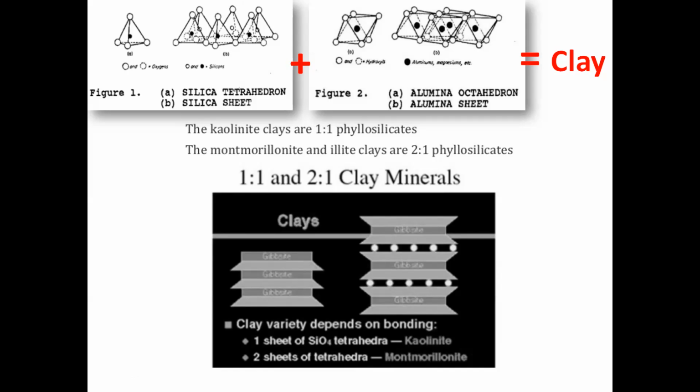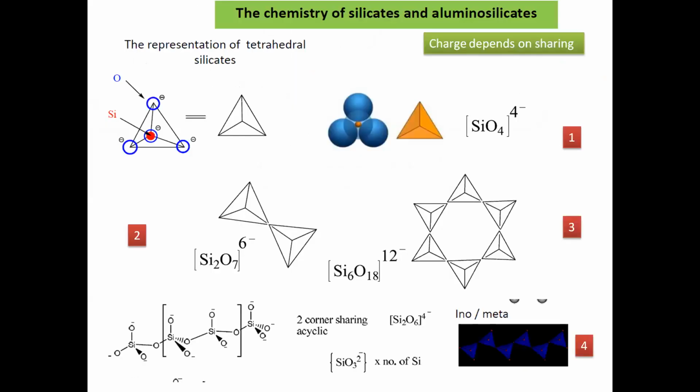So basically these are two different kinds of clays. What is important to consider is that the tetrahedral coordination of silicon is very important in developing these clays. I think you have studied silicon chemistry in CSM 303.